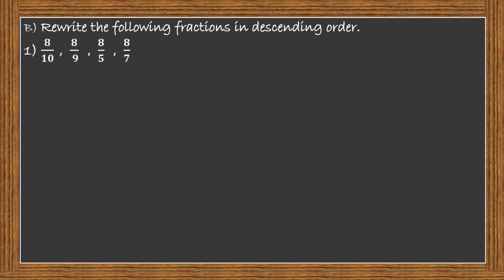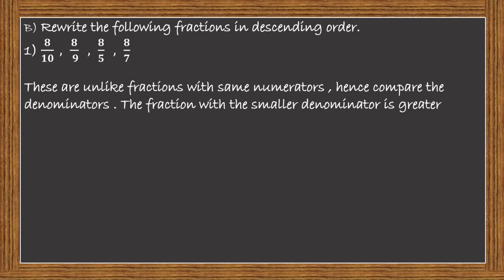The very first example is unlike fractions with the same numerator. So what does this say? Yes, these are the unlike fractions with the same numerator. Hence compare the denominators. The fraction with the smaller denominator is greater. So here 10 is greater than 9 is greater than 7 is greater than 5.